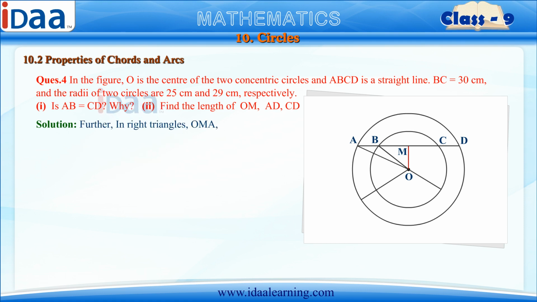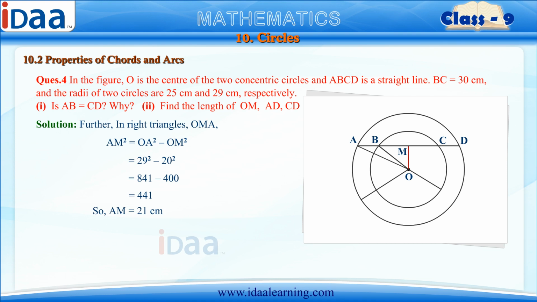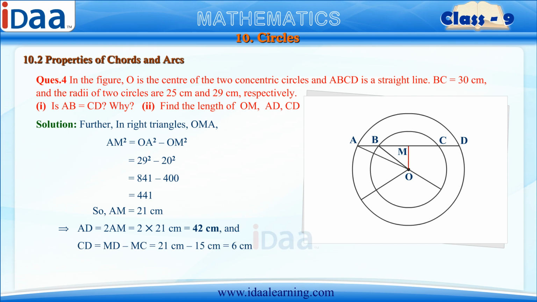Further, in right triangle OMA, so AM is equal to 21 centimeters. AD is equal to 2 AM is equal to 2 into 21 centimeters is equal to 42 centimeters and CD is equal to MD minus MC is equal to 21 centimeters minus 15 centimeters, that is equal to 6 centimeters.